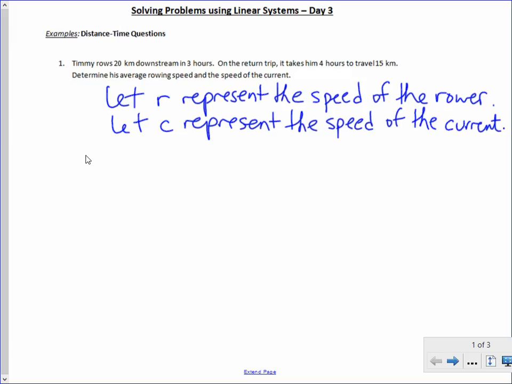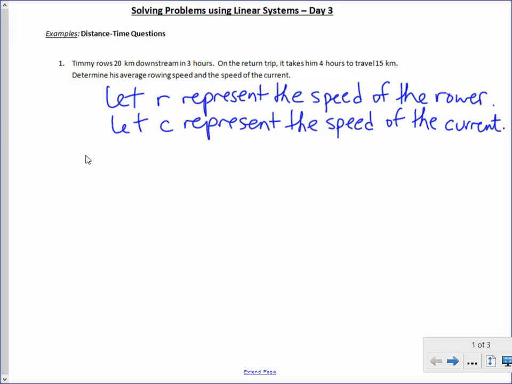If there's no current, it would be the exact same time to row one way and the other. But if there is a current, then one way the current helps you go faster. The other way, you're fighting against the current, so even though you might be rowing at the same speed, you actually end up going slower because the current is working against you.